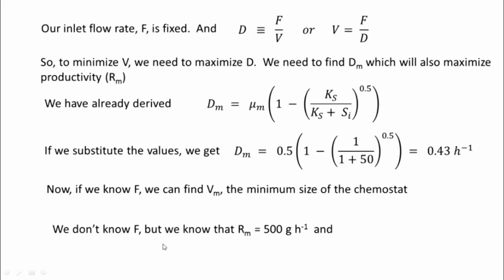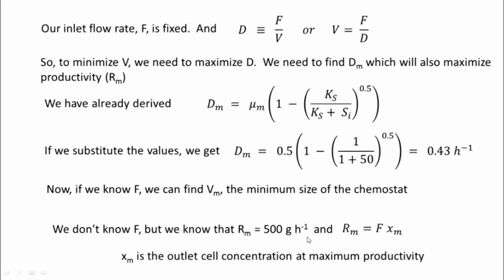We don't know F, but we know that the productivity is 500 gram per hour. From this, we will have to somehow find F and thereby find the minimum value of the reactor volume. And we also know that Rm is F times Xm. This is where we get the relationship between F and Rm.